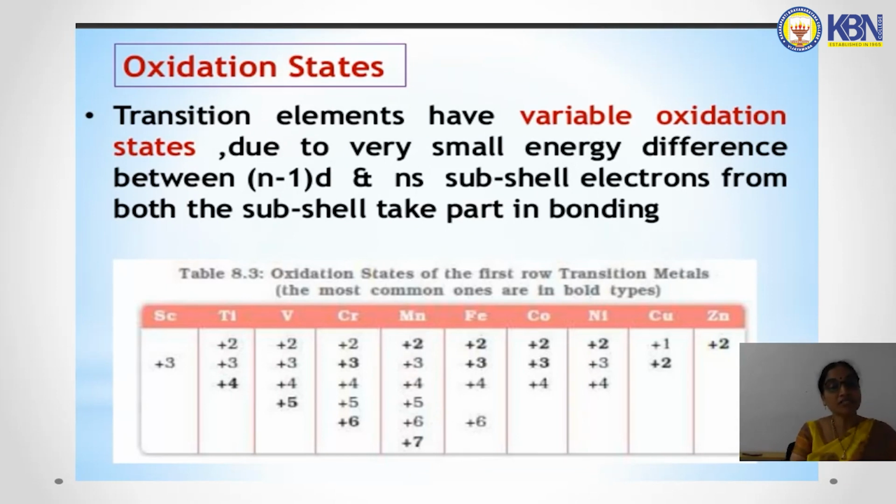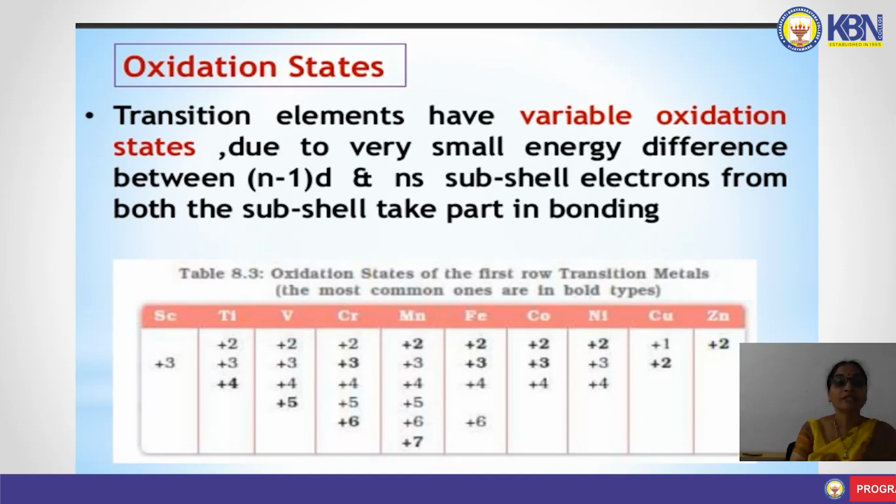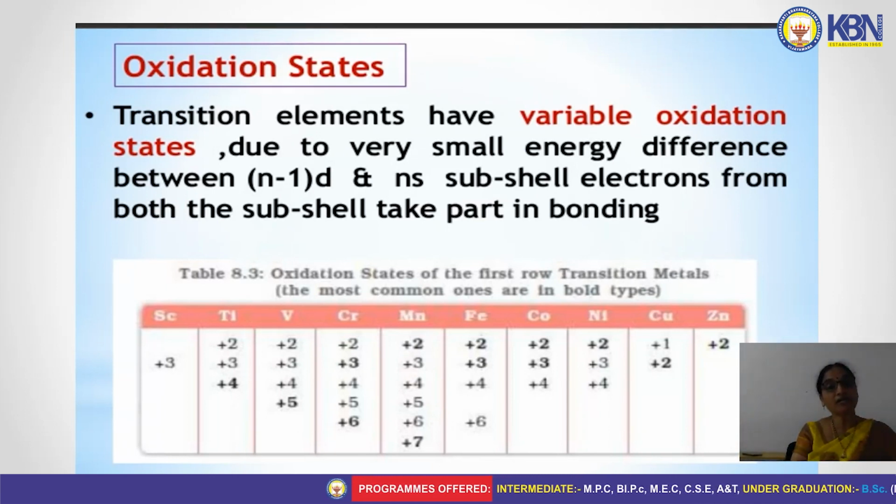The higher oxidation state of titanium is due to the loss of electrons from the ns orbital as well as the n-1 d orbitals. Coming to vanadium, it exhibits +2, +3, +4 and +5. The minimum is +2, again due to the loss of ns electrons, and it exhibits +5 as the maximum oxidation state due to the loss of electrons from both ns and n-1 d orbitals.